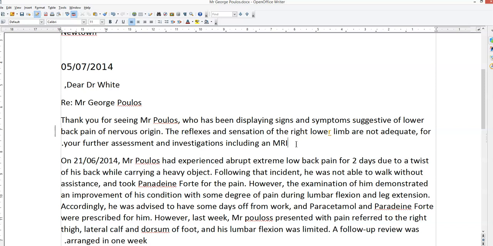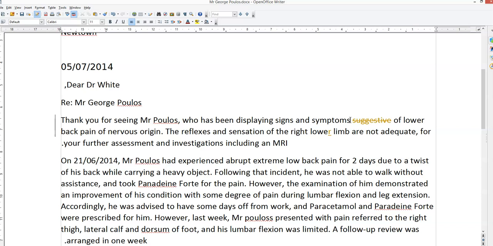So the reader, you can see I'm writing to refer Mr. Paulus to you, whose signs and symptoms are suggestive of lower back... Well, it's not suggestive, is it? Because he does have back pain. So as a matter of fact, I want to take that out because it's not suggestive. He does have lower back pain.